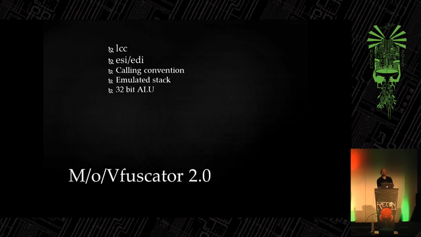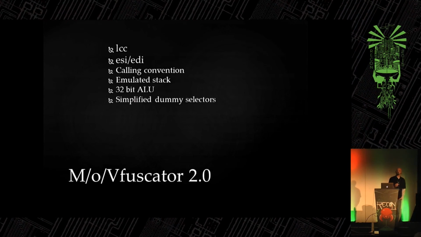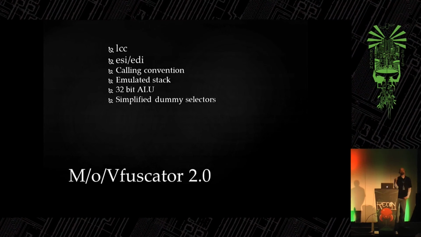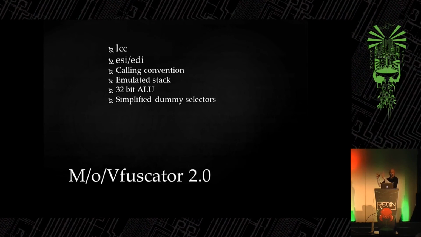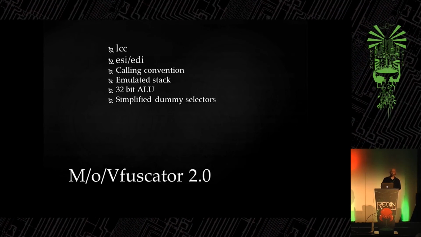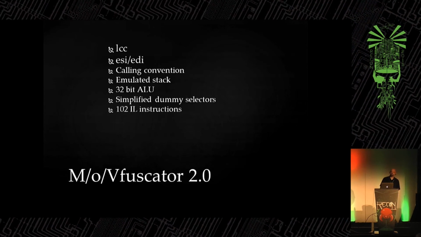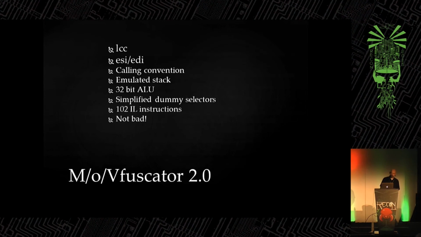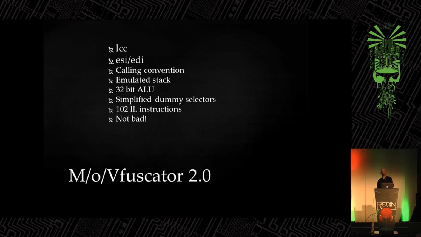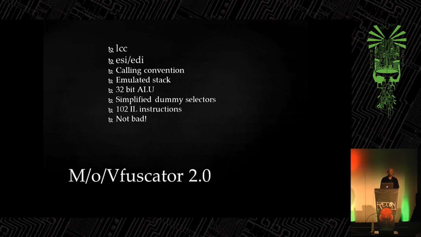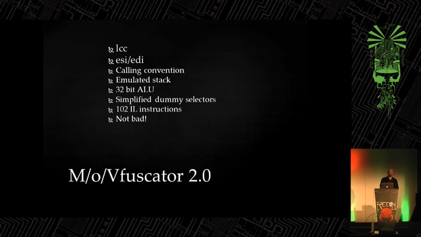Integrated my 32-bit ALU. Changed the way we do dummy selectors. Instead of having duplicate copies of all our variables, we've now just got one big scratch space for the program to operate on when execution's off. I implemented all 102 intermediate language instructions LCC needed with only move instructions. And overall, this went way more smoothly than I ever could have imagined, especially given that I had no idea what I was doing.